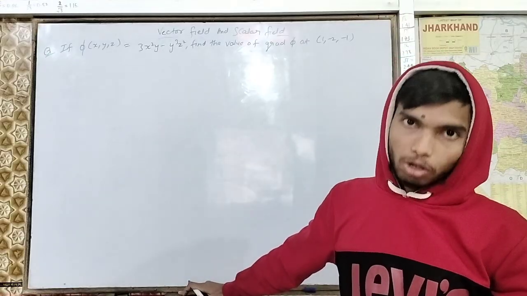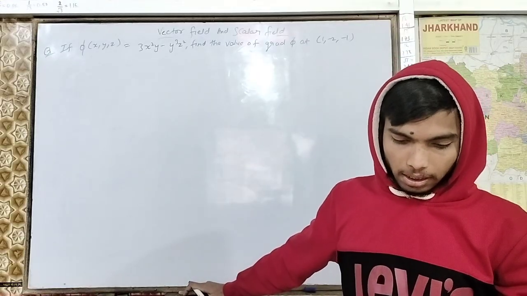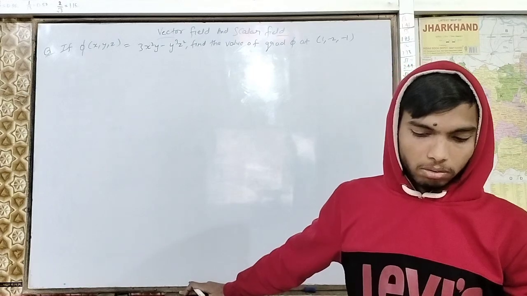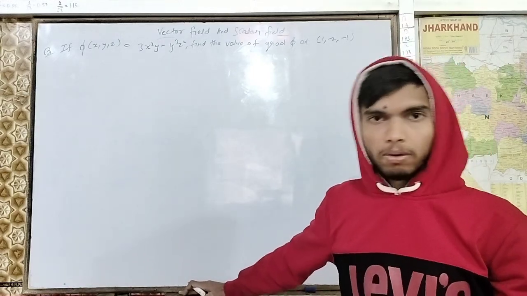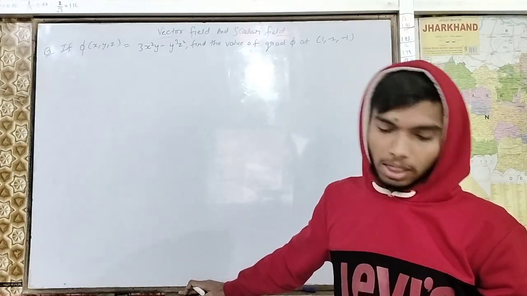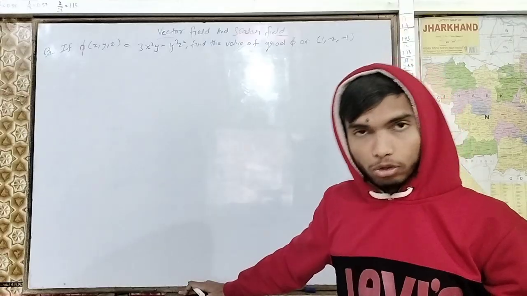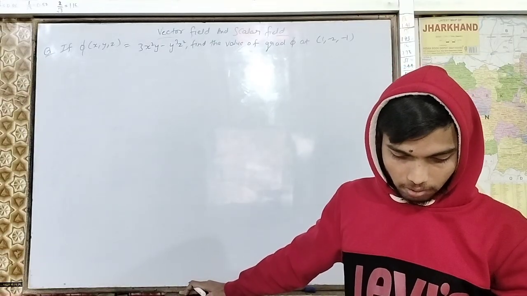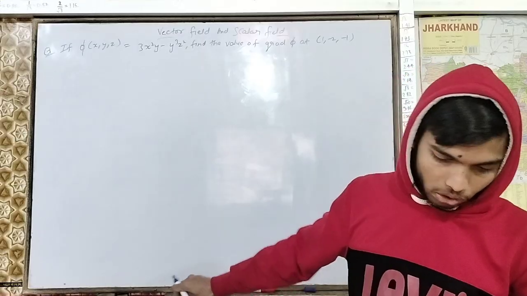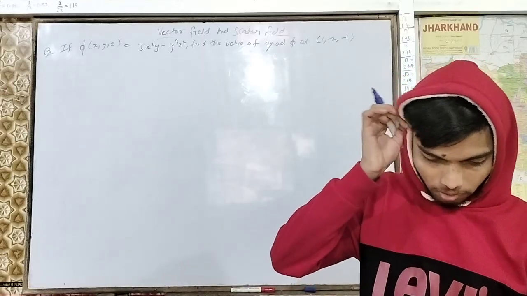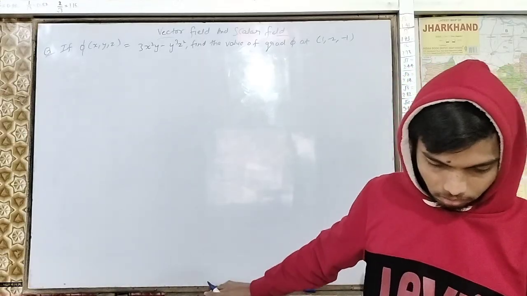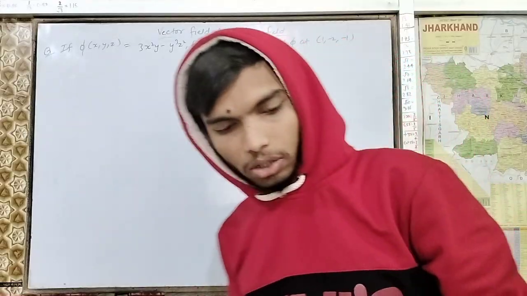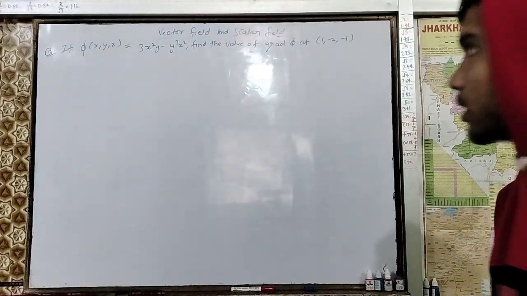The value of the del operator we know. Then just multiply by phi, whose value is given. Then you will use your dot product, and that is how your answer will come. Okay, so let's solve it.